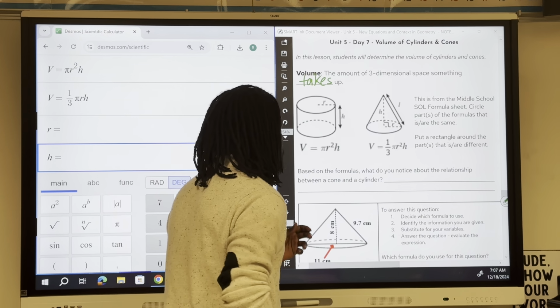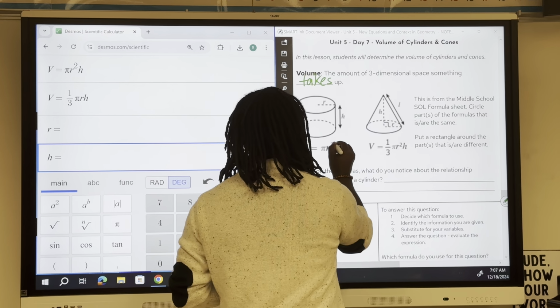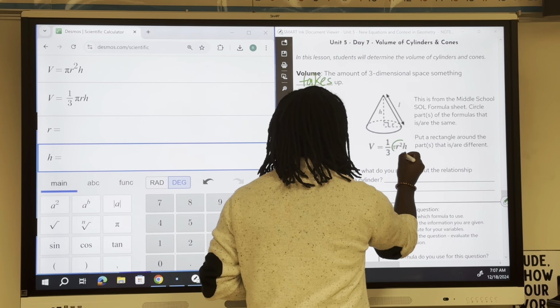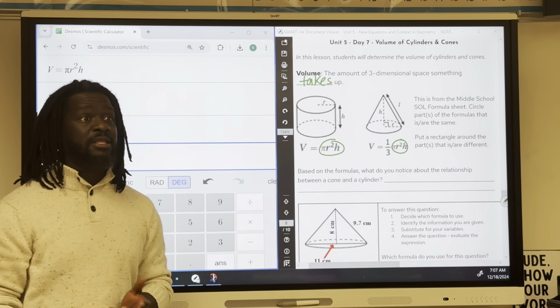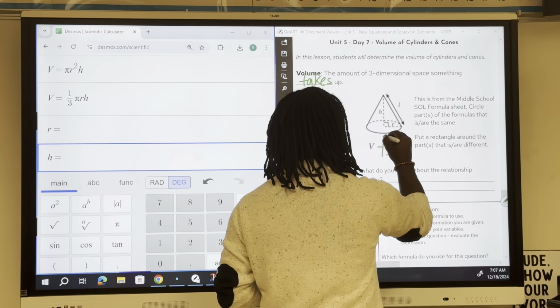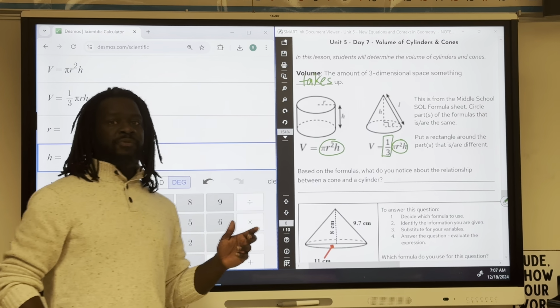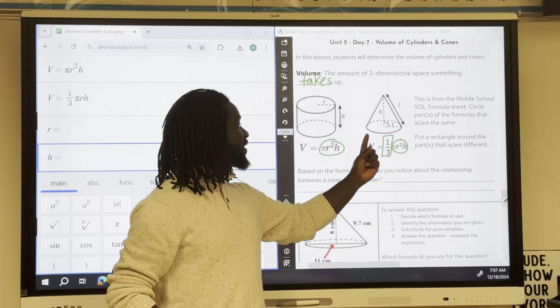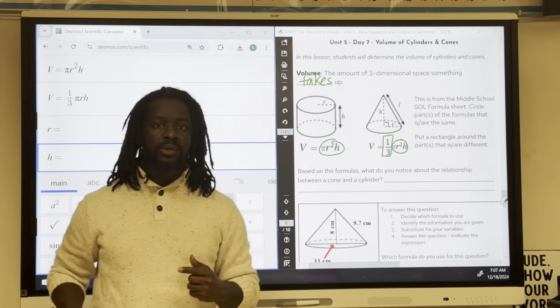Okay, so again, we're going to circle the parts that are the same. This part and this part are the exact same in the formula. What is different in the formula? Well, it is simply the fact that the cone has a 1/3.